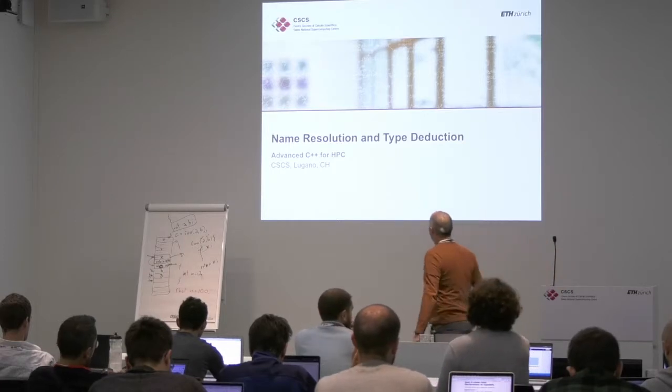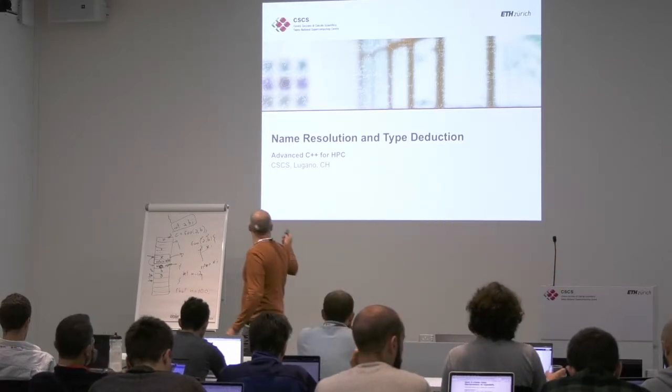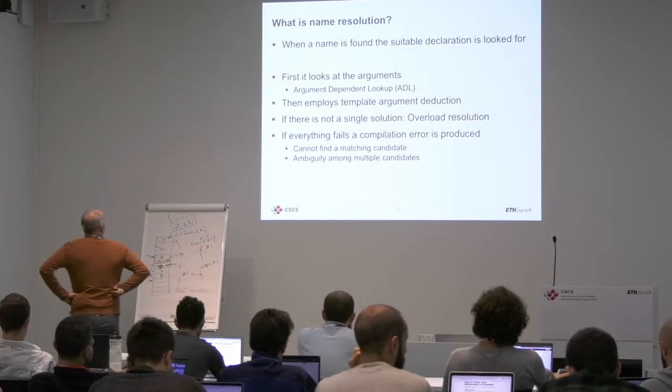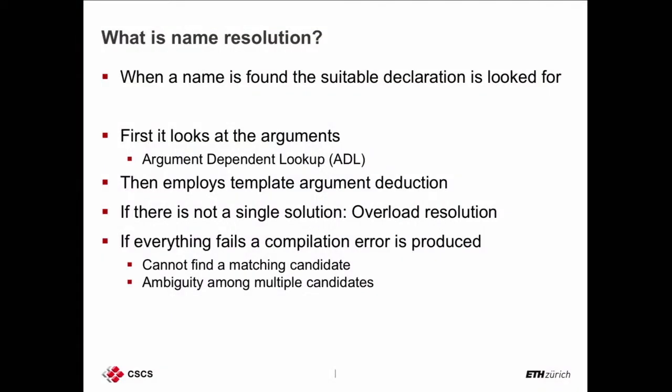So, what is name resolution? In your program, you write variables and call functions. They are defined by you, right? You, the programmer, or somebody else define the symbols. And when you use the symbols, the compiler has to find out what they mean.